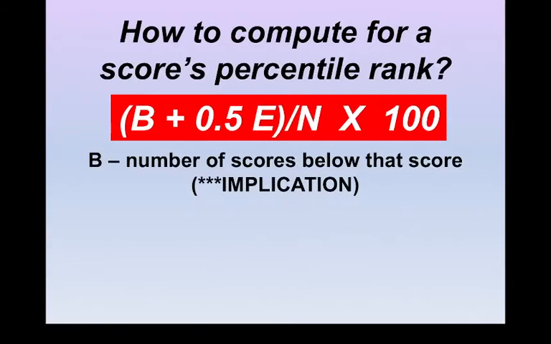Ang implication nito, if you are going to compute for the percentile rank manually, ibig sabihin mano-mano, kinakailangan nasa kamay mo yung distribution ng scores. Hindi pwedeng mag-compute ka ng percentile rank na hindi mo hawak yung mga eksaktong scores ng testing population kasi bibilangin mo yung scores below a certain score.